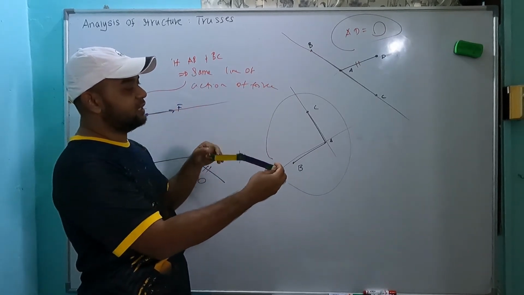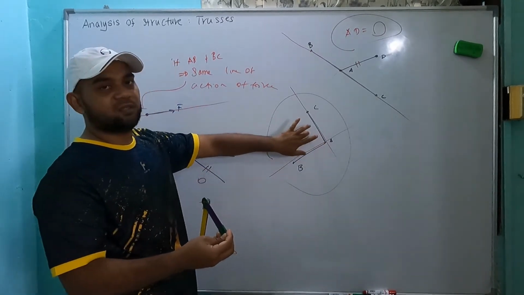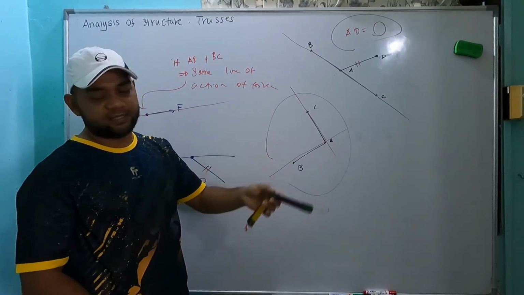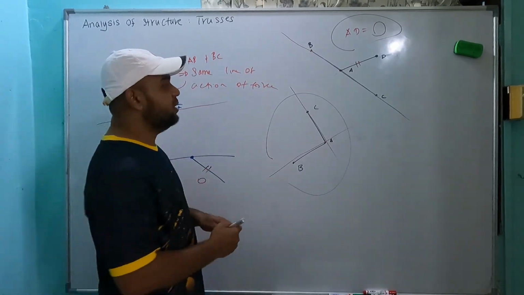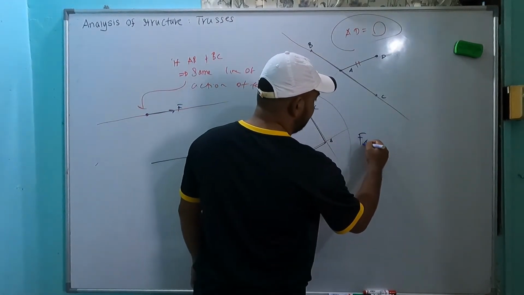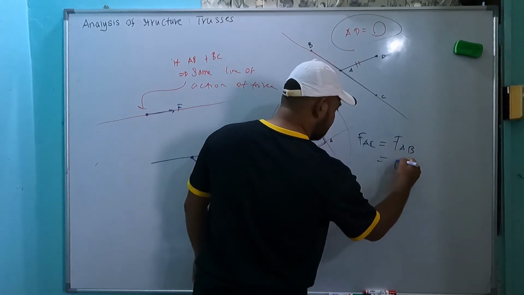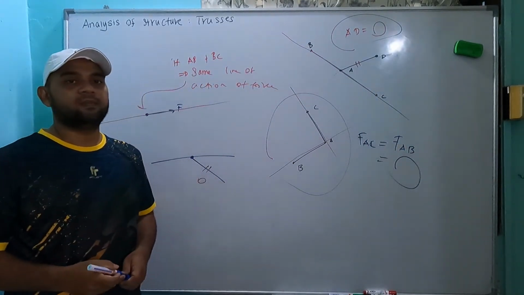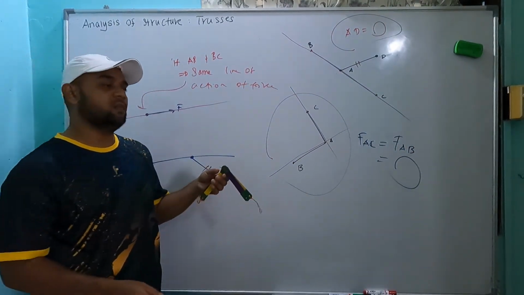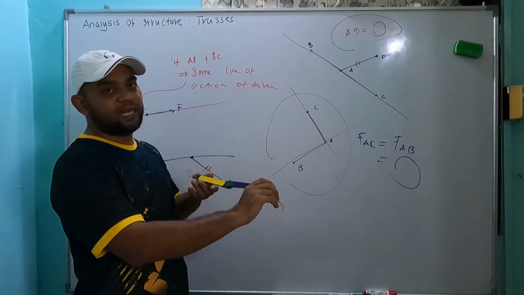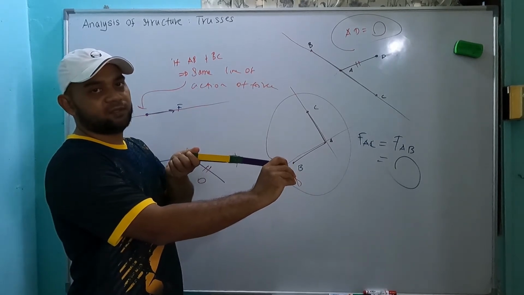So to have this condition happen, with two components both not on the same line of action of force, we must have FAC equal to FAB equal to 0. If I put any forces, they will directly go to the same line of action of force.